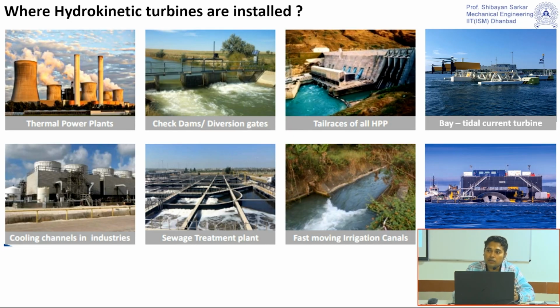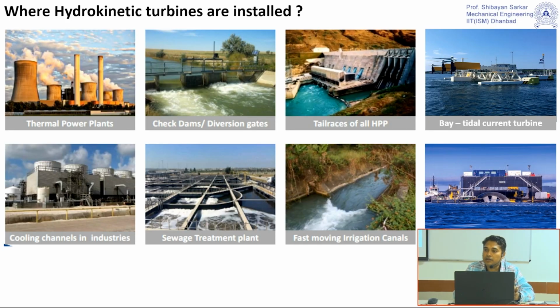There are different types of tide, for example, ebb tide. So during different types of tide, you can install those particular turbines in order to harness the energy. Those structures will come under the tidal turbine, but the design will be of the hydrokinetic turbine. Cooling channel, the same.